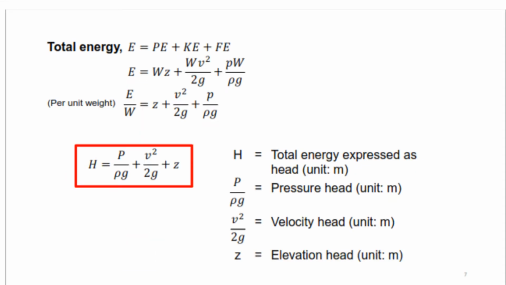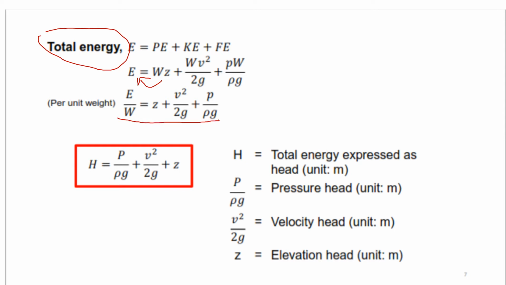Okay, then we need to total the energy. So E equals potential energy plus kinetic energy plus pressure energy. So we can bring the W to here so that we can cancel the W, the weight. So we determine the total energy per unit weight. So we have this formula.